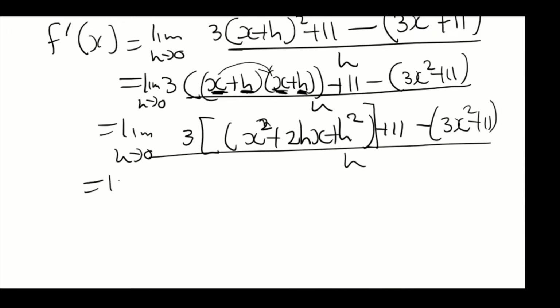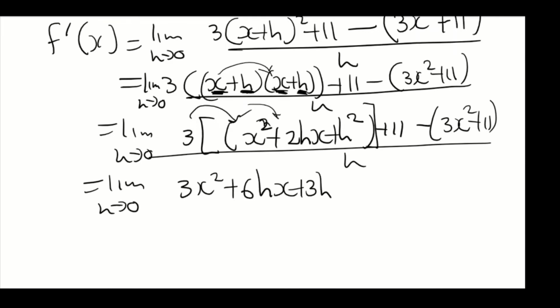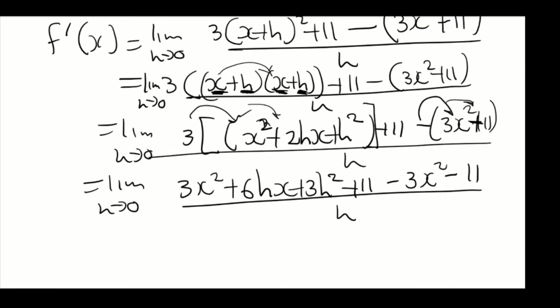So the limit when h approaches 0, the 3 will multiply everything that it finds inside here. So it's going to be 3x squared plus 6hx plus 3h squared plus 11 minus 3x squared, because the negative will multiply everything that is inside here, minus 11, because this is positive 11, divided by h.